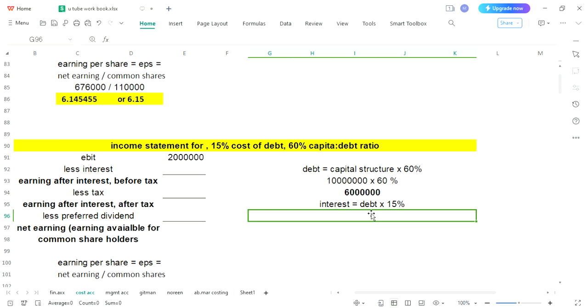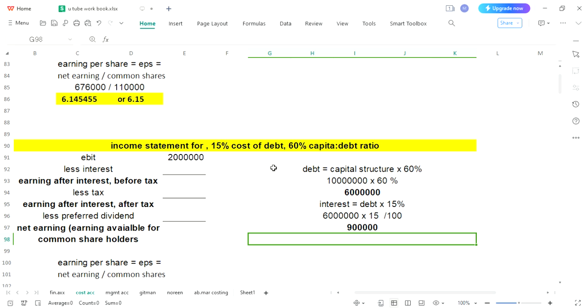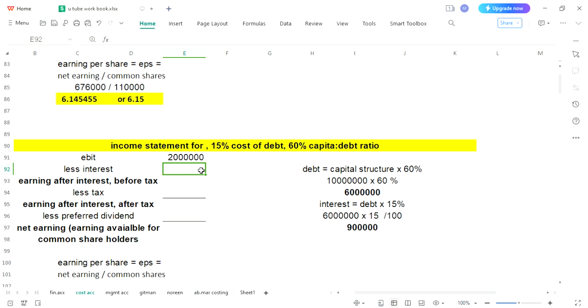Amount of debt is 6 million, and you will multiply it with 15 and then divided by 100 to get our amount of interest, 6 million, and you will take 15%. So we have got 9 lakh as amount of interest. Let's put it on its place. Amount of interest has been calculated as 9 lakh.